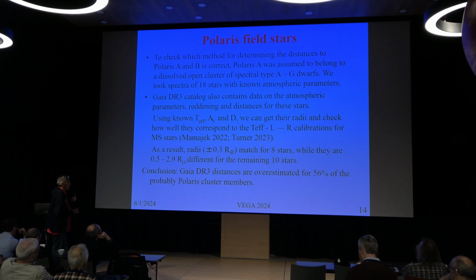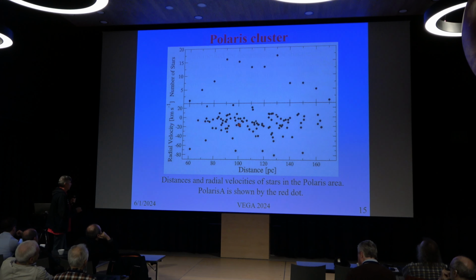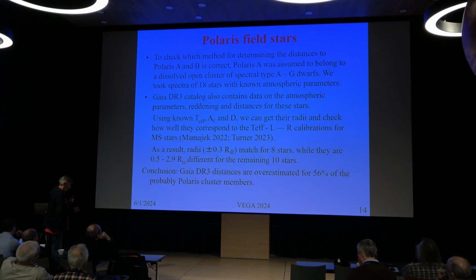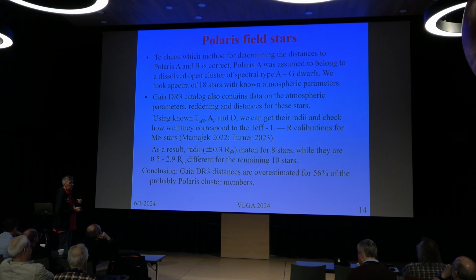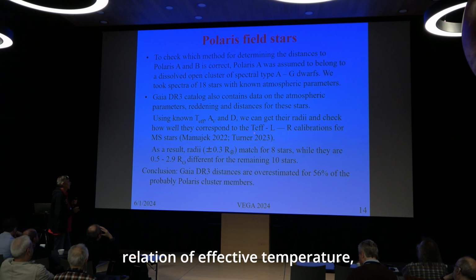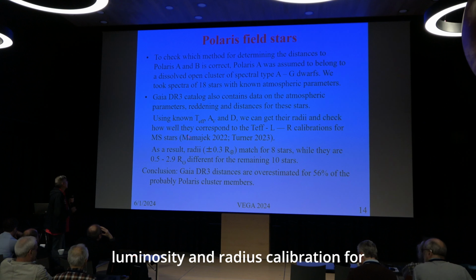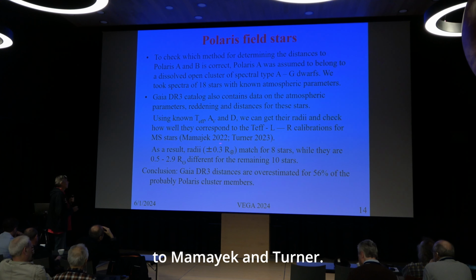If you know the effective temperature, luminosity, and distance, we can get the radii of these main sequence stars, and check how well they correspond to the relation of effective temperature, luminosity, and radius calibration for main sequence stars, according to Mamajek and Turner.